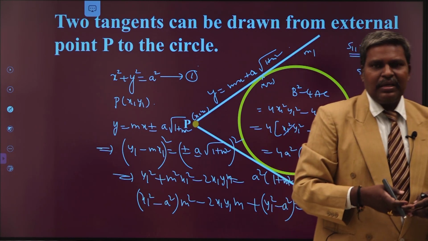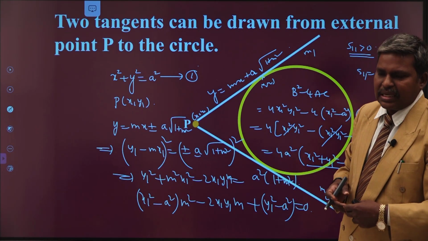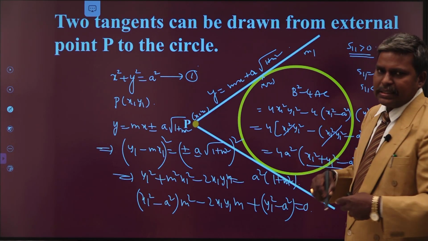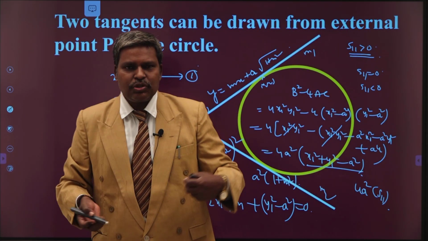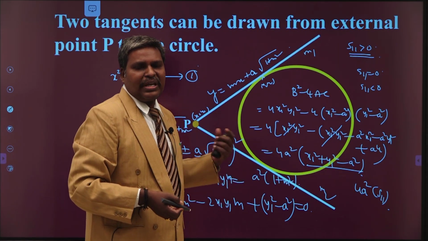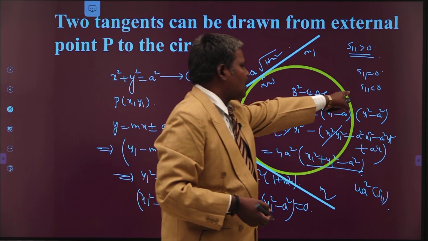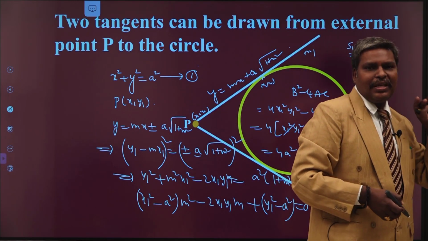Suppose your S11 is less than 0, we mean the discriminant is negative. That means both roots are imaginary. At that time there are no real slopes. Therefore, there are no real tangents through that point to the circle, when that point is inside of the circle, because your S11 is less than 0.